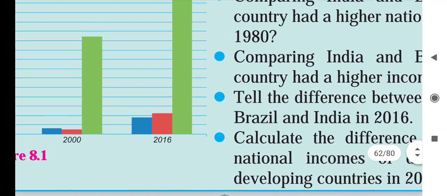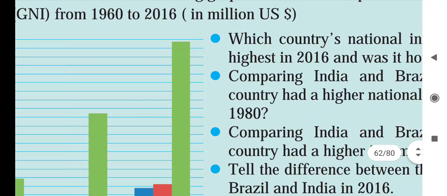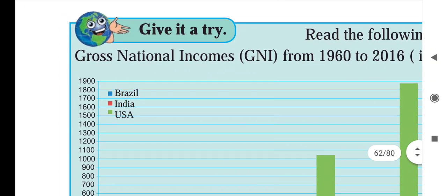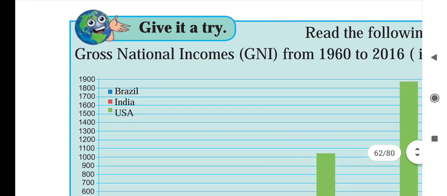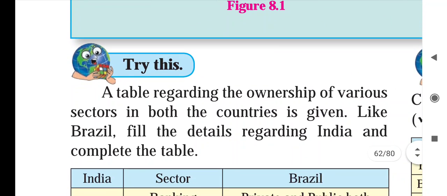Total difference we have to take out. Suppose 20 difference came, and here total is 1880, then it will come 1680 or 1690 million US dollars. So that is the difference. Now we will move to another activity.